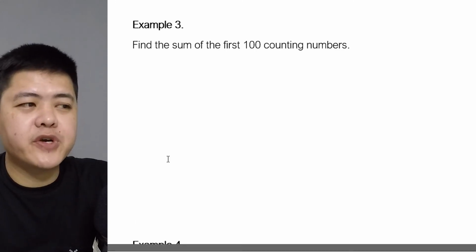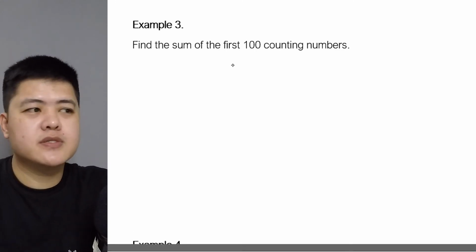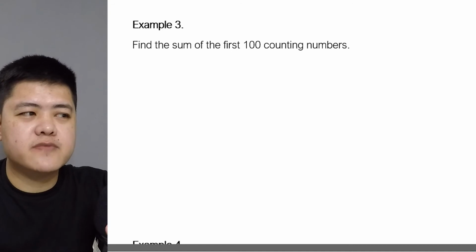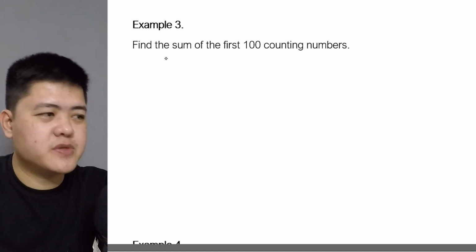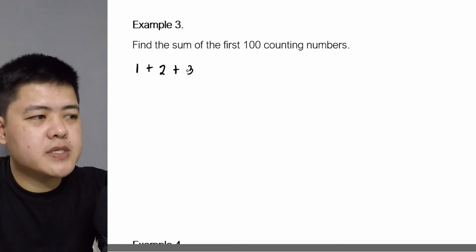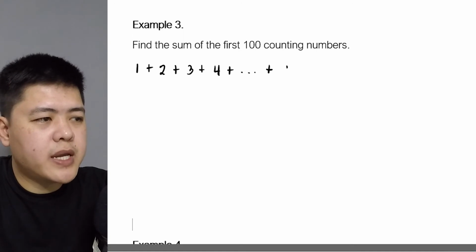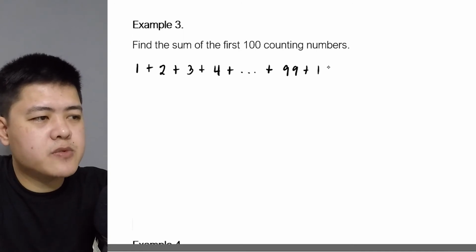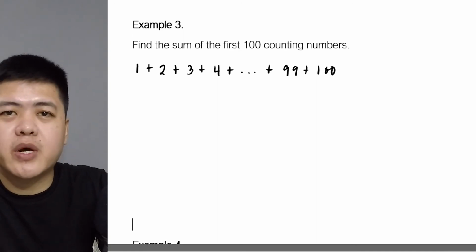Find the sum of the first 100 counting numbers. So, it's basically 1 plus 2 plus 3 plus 4 plus up to 99 plus 100. So, actually, there's a story about this one.